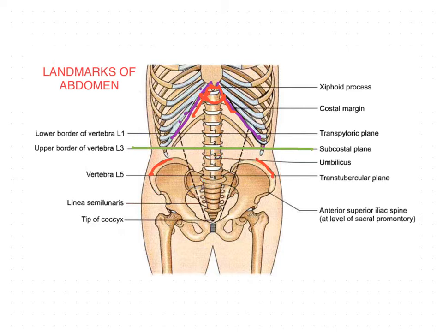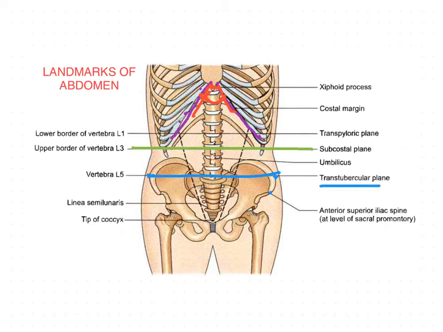It is formed by the tubercle of the iliac crest, situated 5 centimeters behind the anterior superior iliac spine, and this plane passes through the tubercles and lies at the 5th lumbar vertebra.